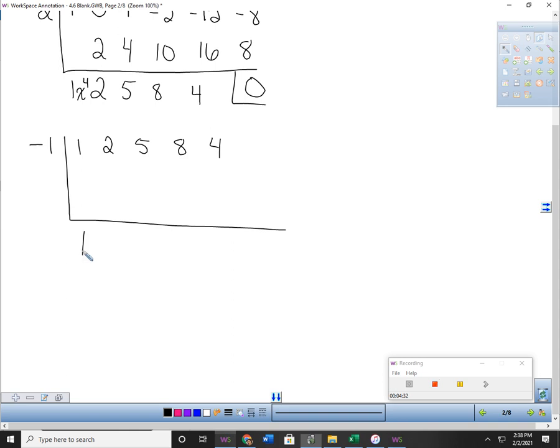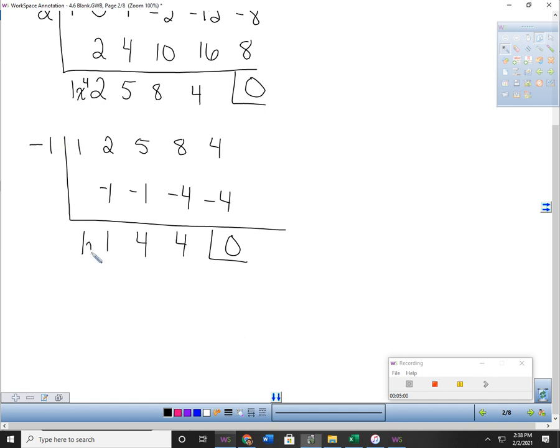So I drop the 1. 1 times -1 is -1, plus 2 is 1, times -1 is -1, plus 5 is 4, times -1 is -4, plus 8 is 4, times -1 is -4, which gives me that remainder of 0.